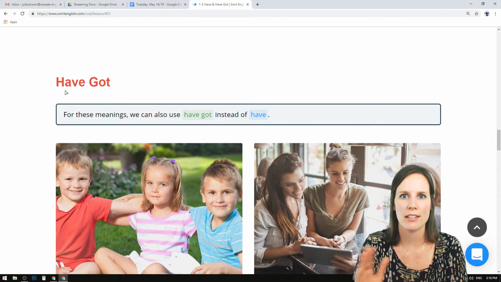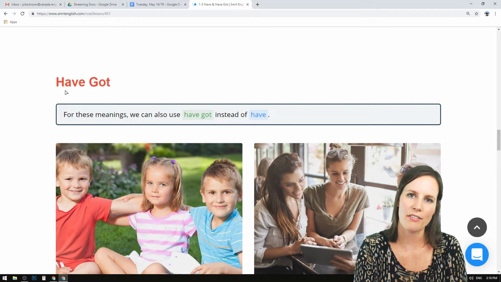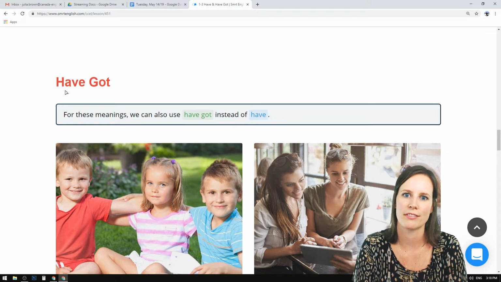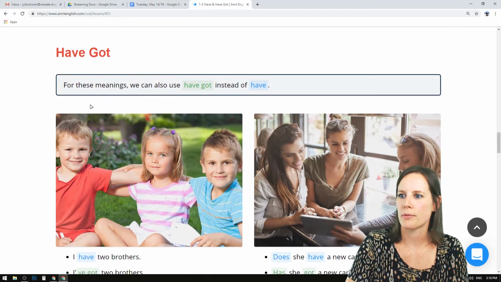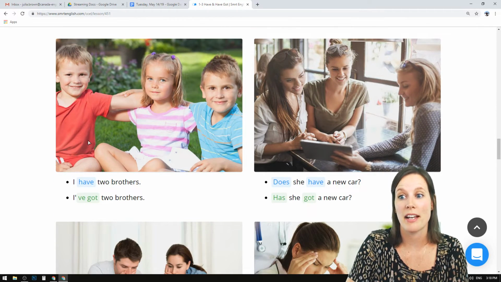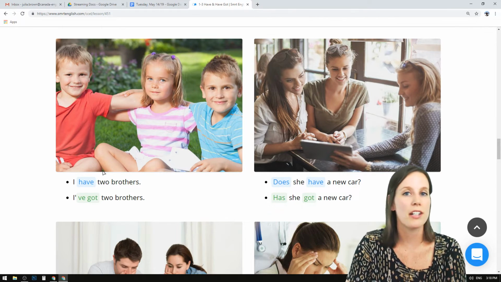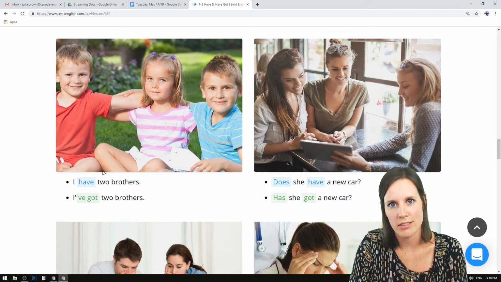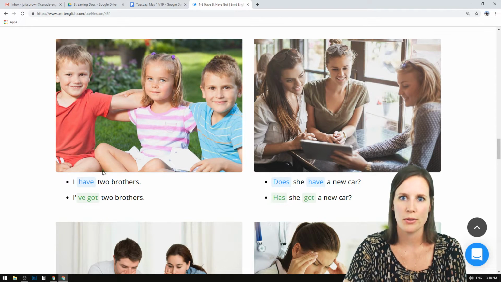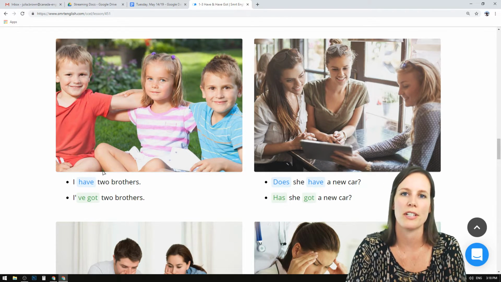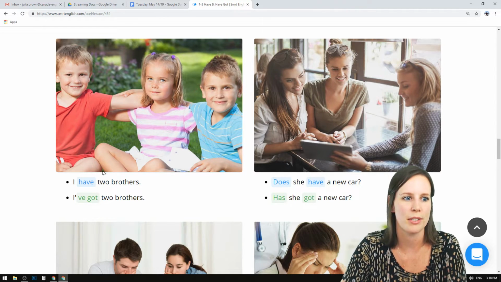That's the message of today's lesson, is learning when you can and can't use have got instead of have, okay? So, let's look at some examples. If you say, I have 2 brothers, that's fine. You can also say, I've got 2 brothers. There is no difference in those 2 sentences, okay? It's your choice which way you say it, okay?